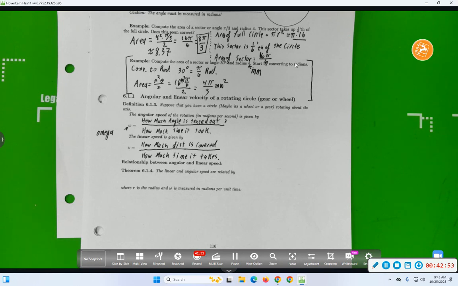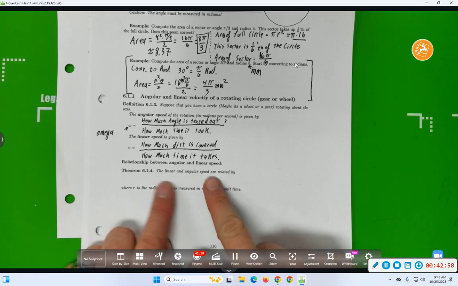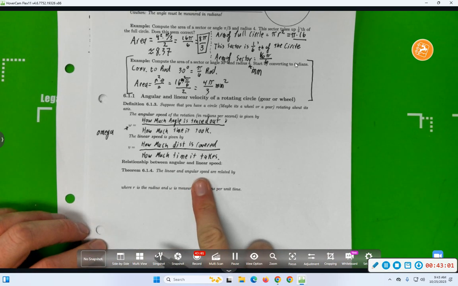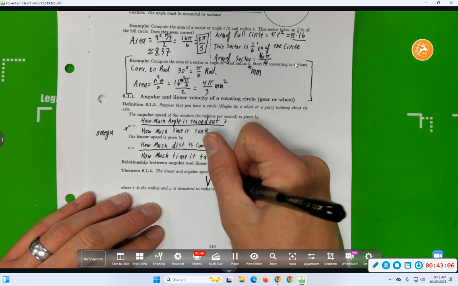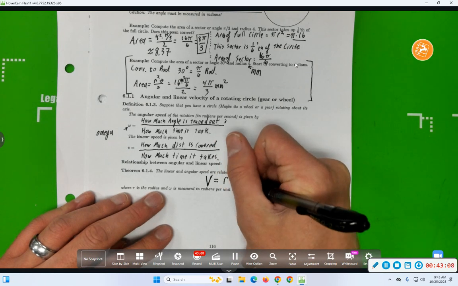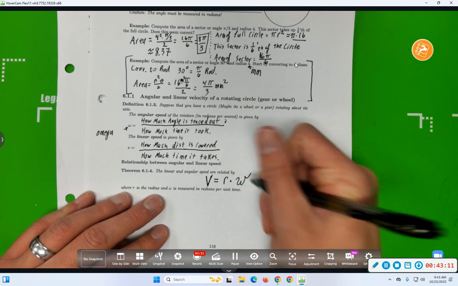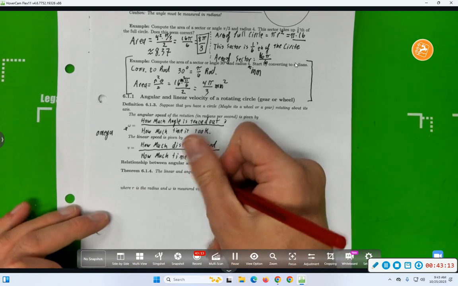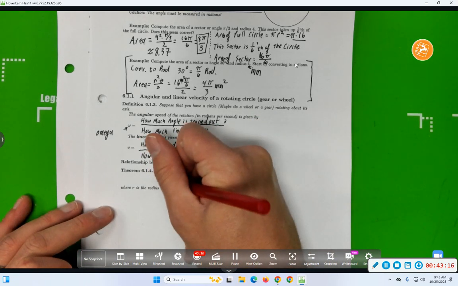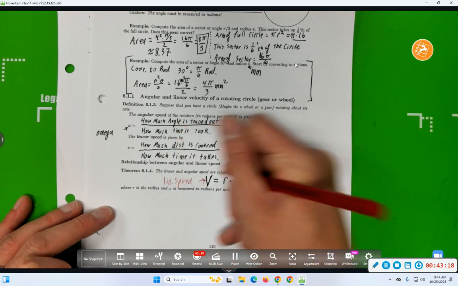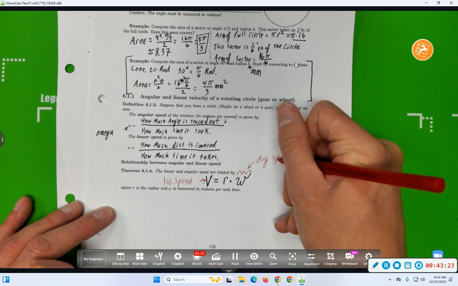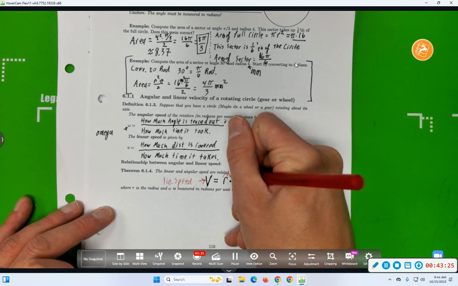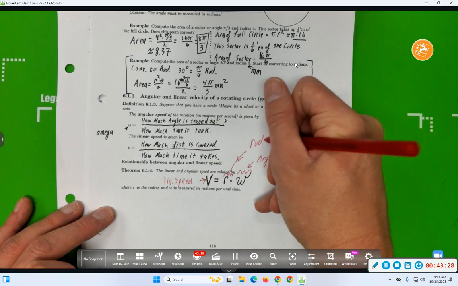If it goes all the way around the circle, you still count it as having traveled even though it got back to where it started. The relationship between linear and angular speed is as follows. The linear speed, v, is equal to the radius times the angular speed, where v is linear speed, omega is angular speed, and r is the radius.